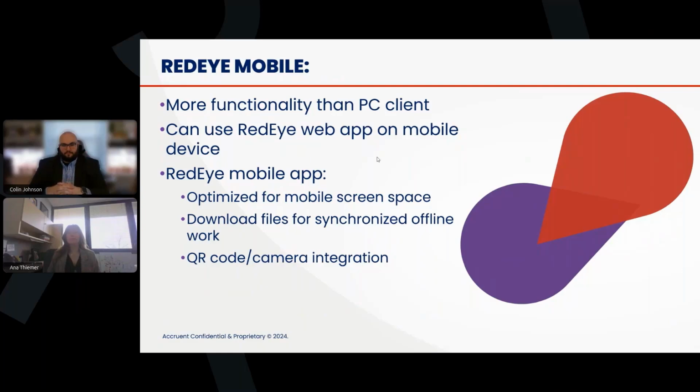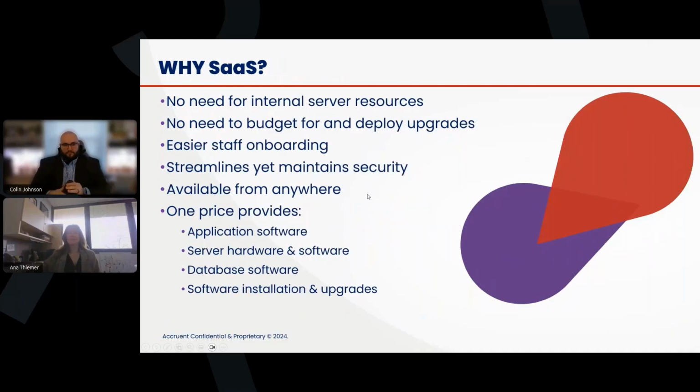You can download files, if your mobile device is going to have to go offline and you still need access to the files, and then sync back up later when you reconnect. And then full QR code and camera integration is part of the RedEye mobile application.